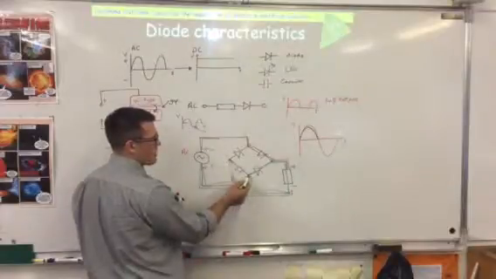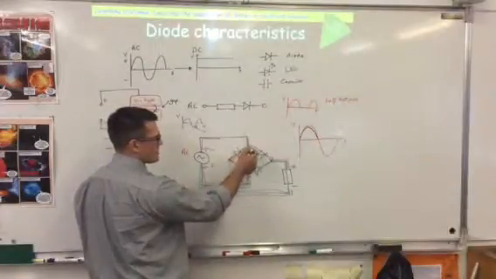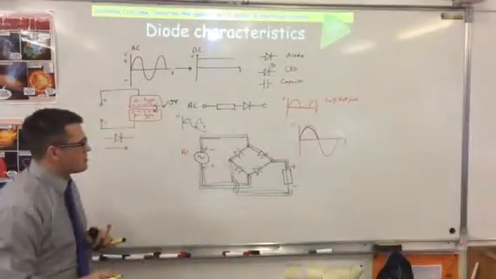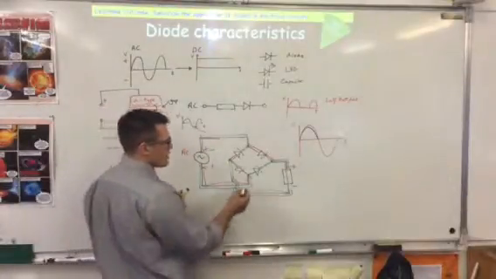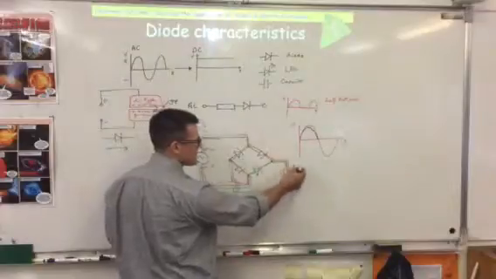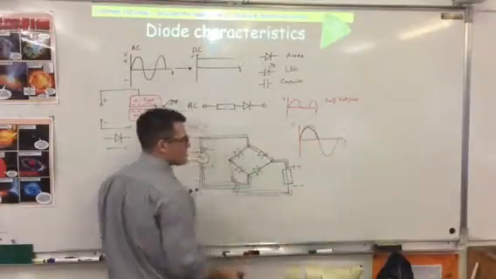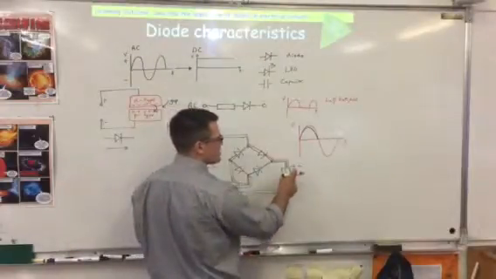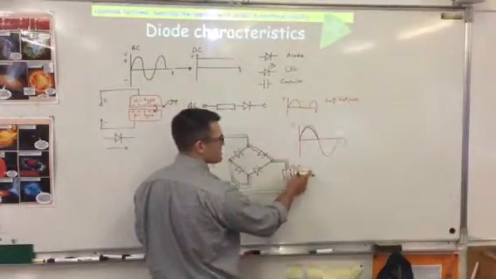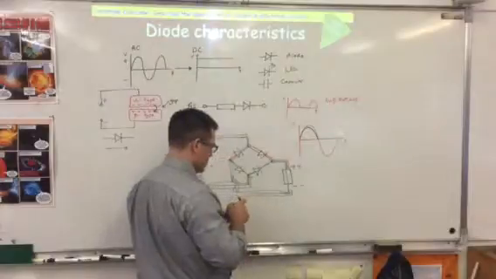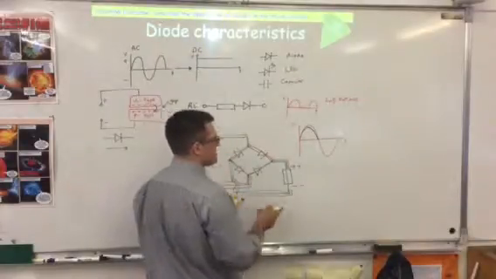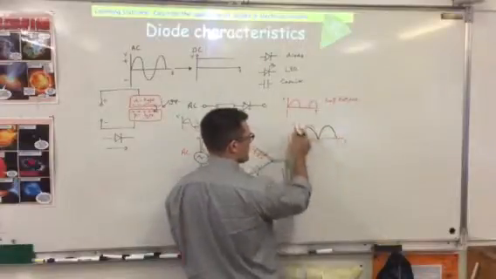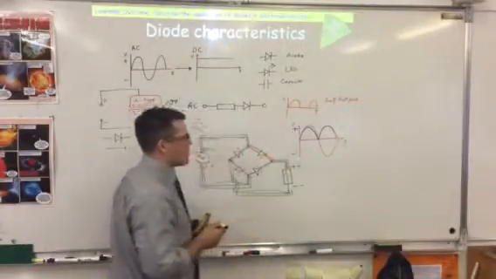And remember the rule, it can't go back to where it started, so it will go through this diode, back, and then back into the battery, okay? So a slightly different path. The point, though, is that it still goes through the resistor the same way. It's still going to have the same voltage drop, positive to negative. So because this end of the resistor is still positive, it will still be slightly less because there's a voltage drop, but it will be in the positive part of my graph.